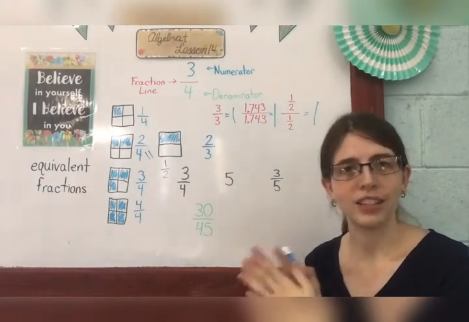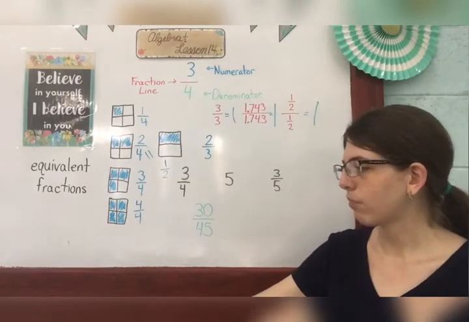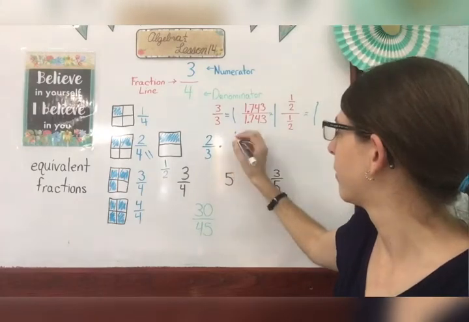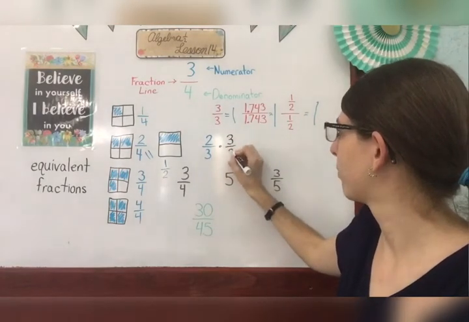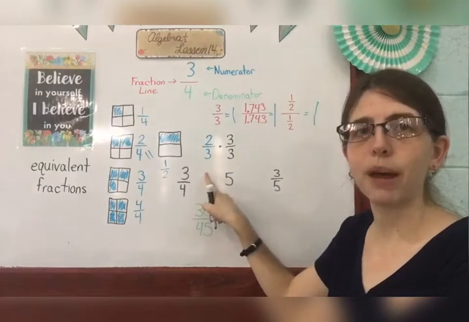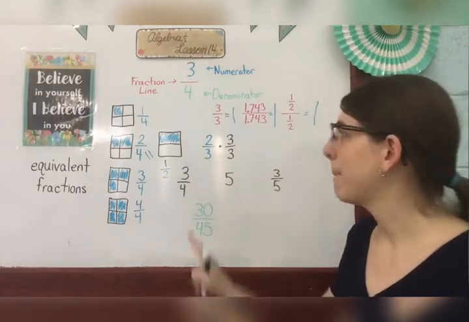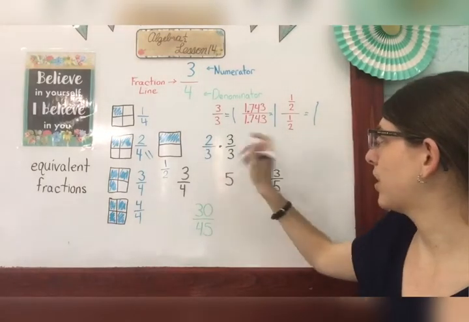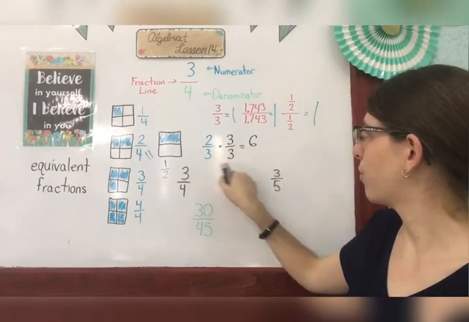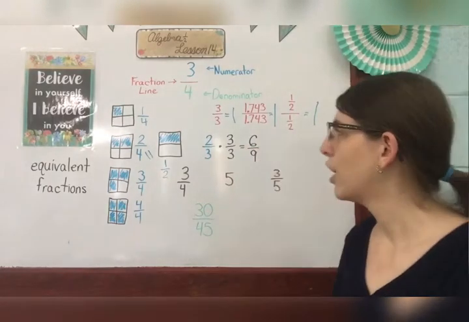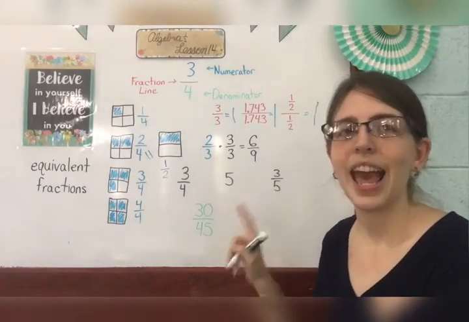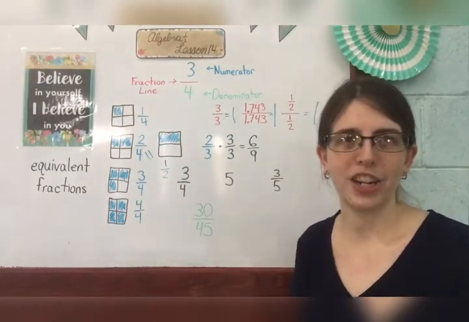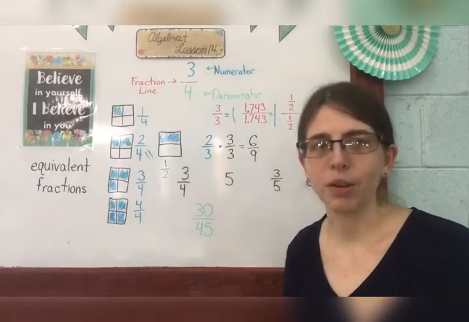For example, if I multiply 2/3 by 3/3, I'm going to change the numbers in my fraction, but not the value, because it means I'm multiplying 2/3 by 1. So 2 times 3 is 6. 3 times 3 is 9. So my new fraction is 6/9, and it has the same exact value as 2/3. It's an equivalent fraction.